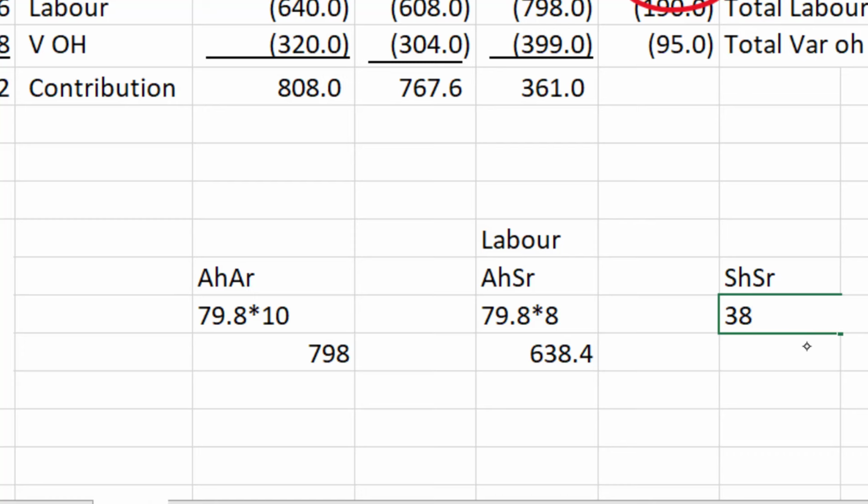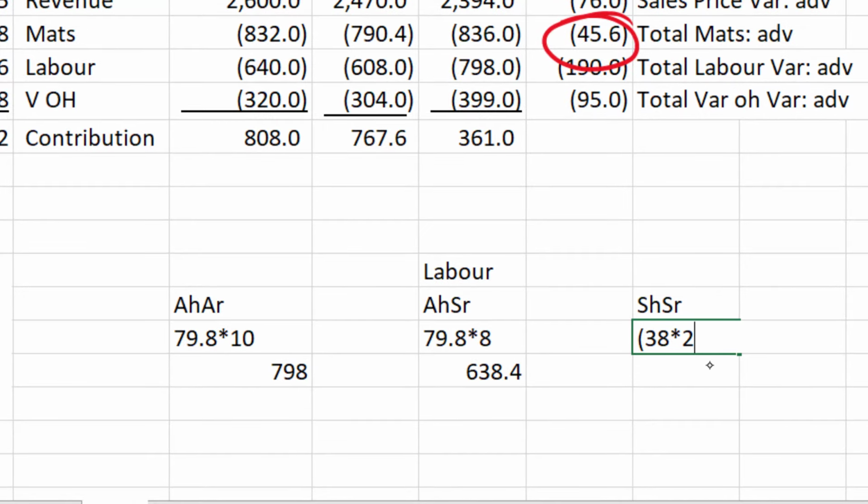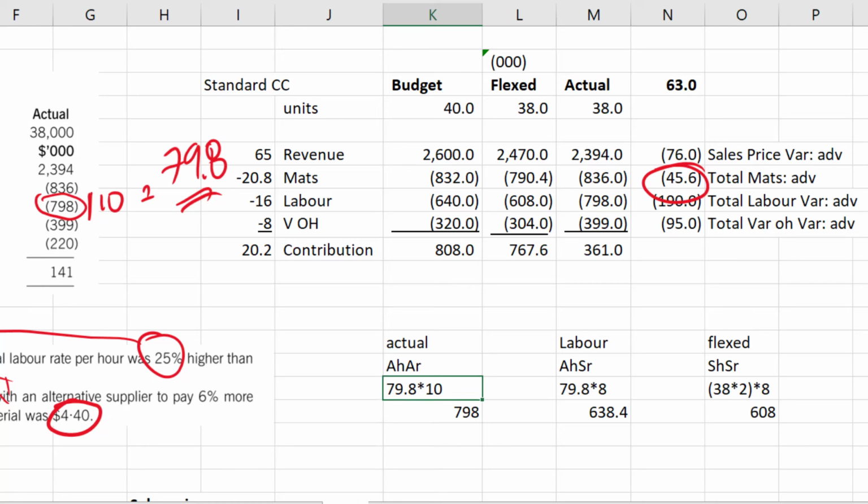So that's going to be 38 times 2 times 8. And there we have it. Our variables. Again, this is flexed. This is actual spend. Now, in the real exam, of course, you don't have to calculate this. If they give you 798 right here, you can just park it there because AA is the actual.